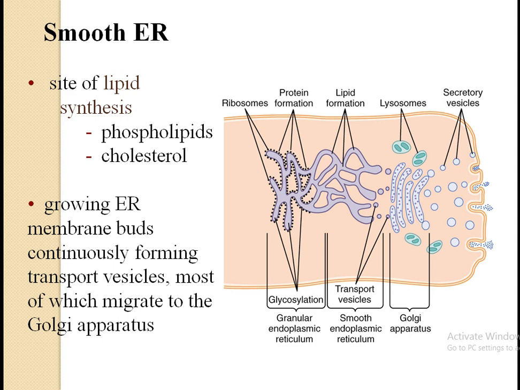The growing endoplasmic reticular membrane bursts continuously, forming transport vesicles, most of which migrate to the Golgi apparatus. So you can see that these vesicles are extruded out and they soon reach the next structure, called the Golgi apparatus.